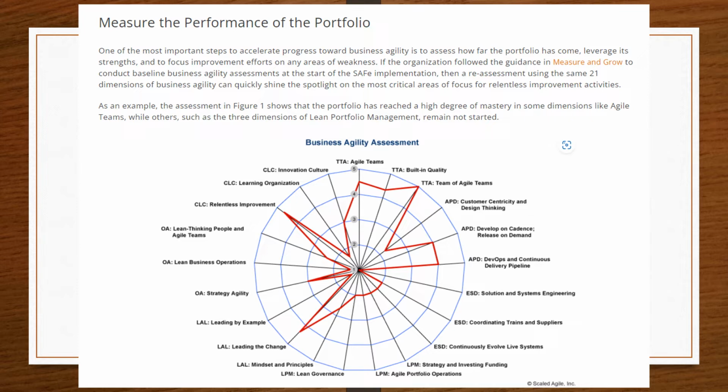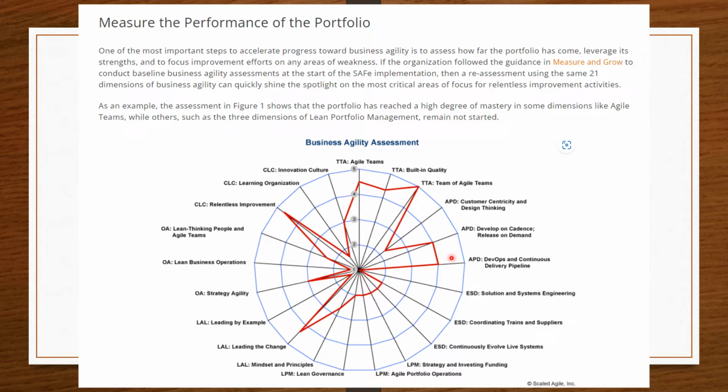You can think of something like the business agility assessment model given here. You can have a lot of parameters. You can identify on every lever how that organization or particular portfolio is doing. Try to identify the weaker areas and try to improve on that particular area.